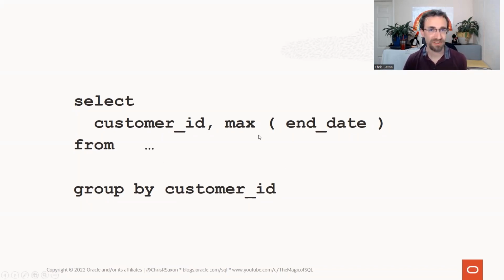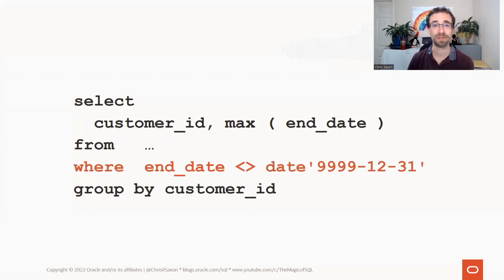And max ignores those nulls, so we'll get those end dates. However, if we are using that kind of magic value, the 31st of December, we still need to exclude it from this query. So yes, we made some queries easier, but we haven't made all of them easier. And we've potentially introduced problems in other places.